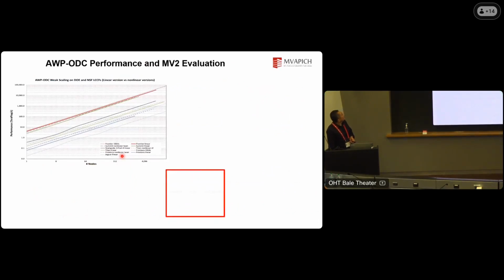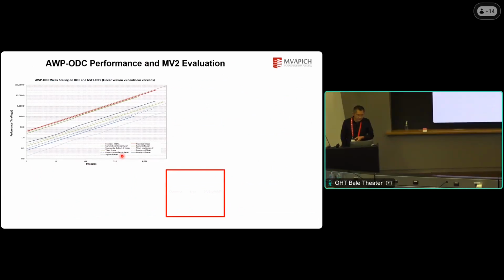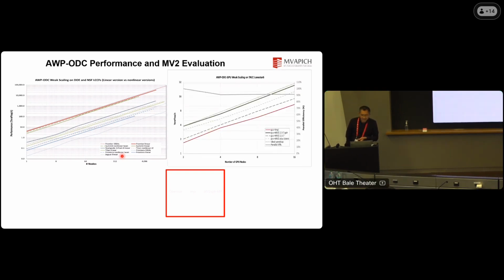First looking at AWP-ODC, the performance between different versions on different systems over the years. We have a comparison of the performance achieved on different machines, the latest being Frontier.